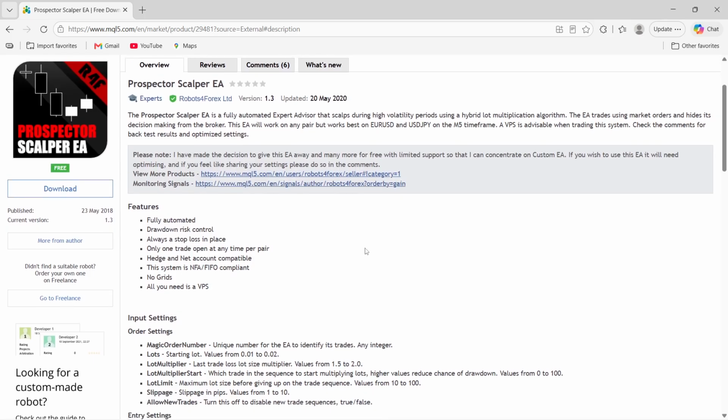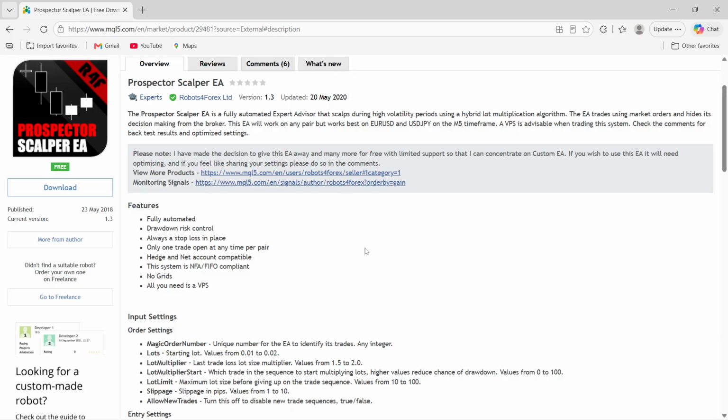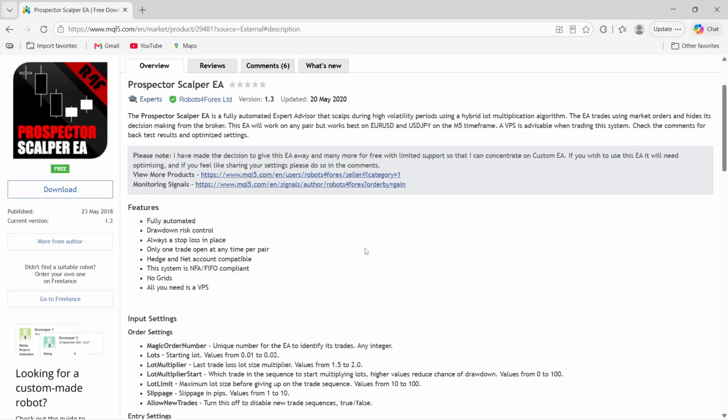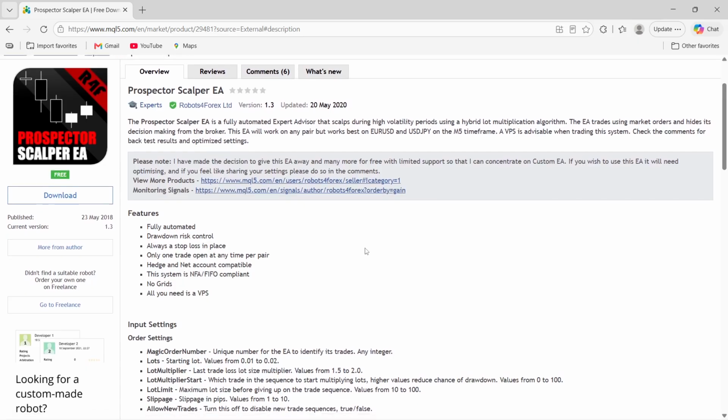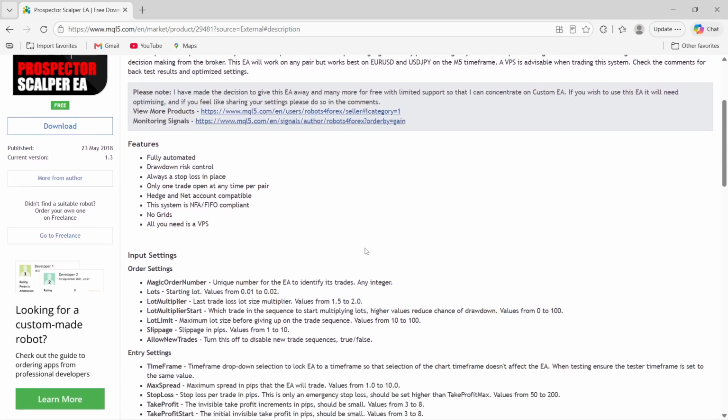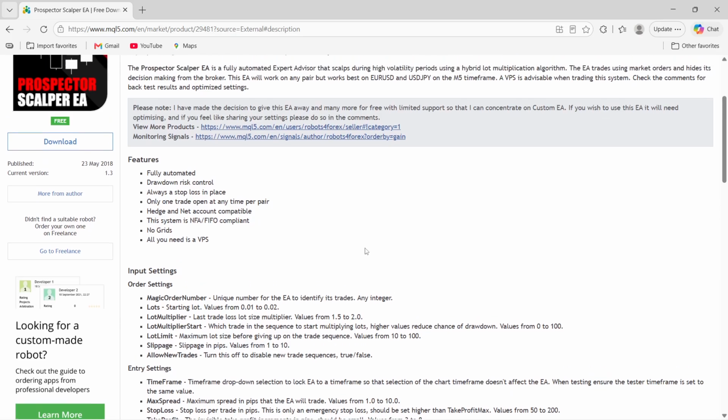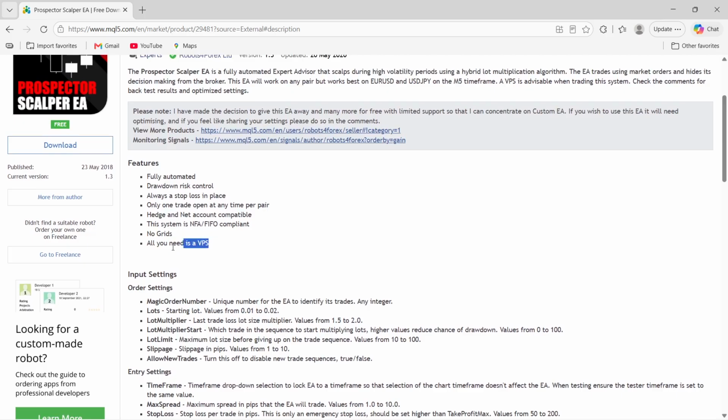According to the developer's page on MQ5, it works on any pair but performs best on EUR/USD and USD/JPY on the 5-minute time frame. A VPS is strongly recommended. You can see down here, the developer advises using a VPS when trading this system.